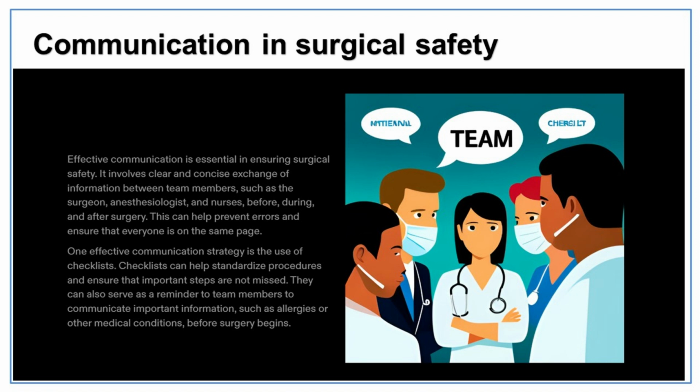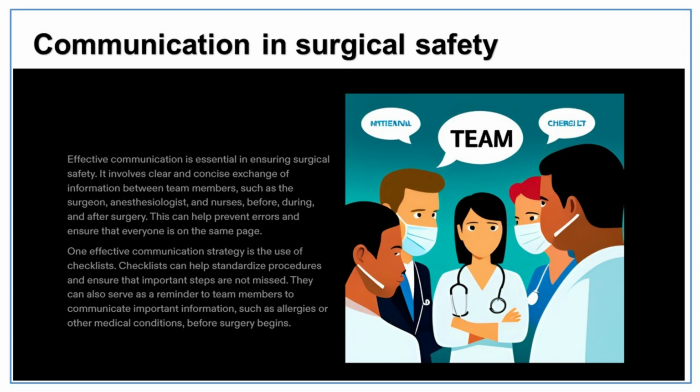Communication in surgical safety. Effective communication is crucial to any process, and that holds true for surgical safety as well. A clear, concise exchange of information between the team members, such as the surgeon, anesthetist, and other professionals, before, during, and after the surgery is of utmost importance, and this will prevent errors and ensure that everyone is on the same page.